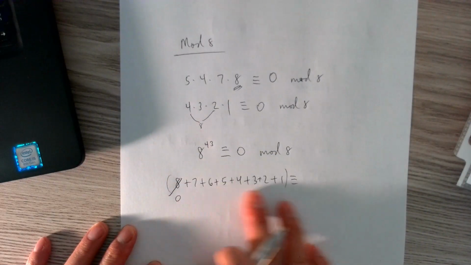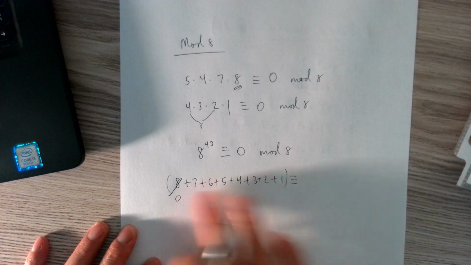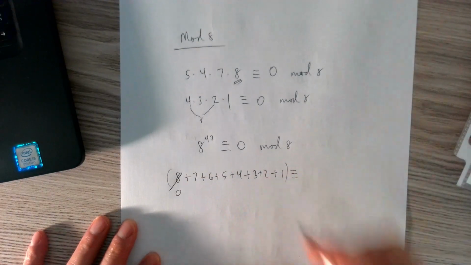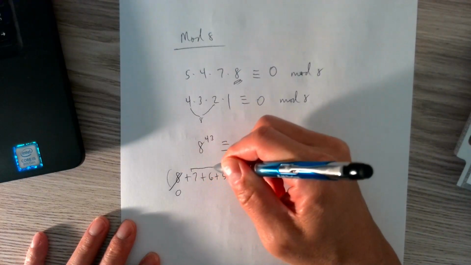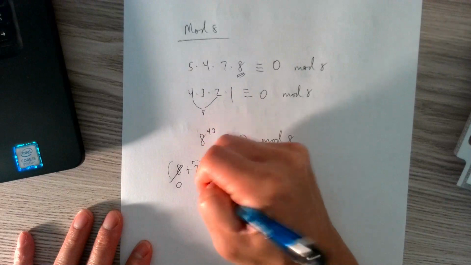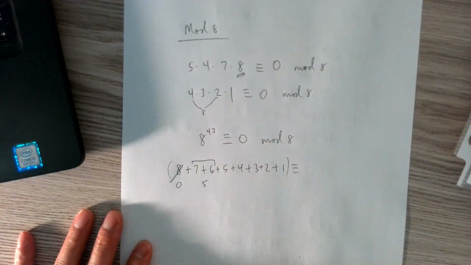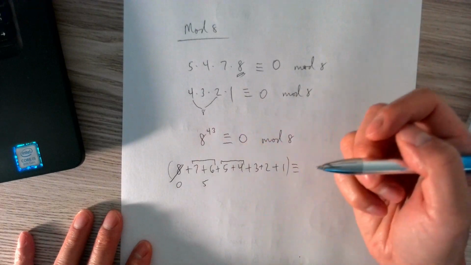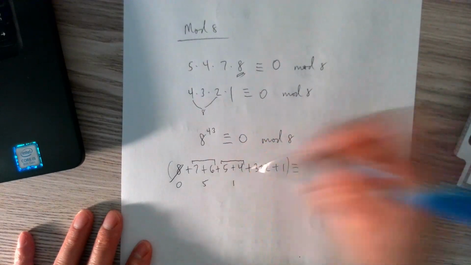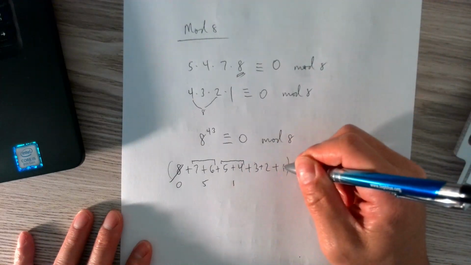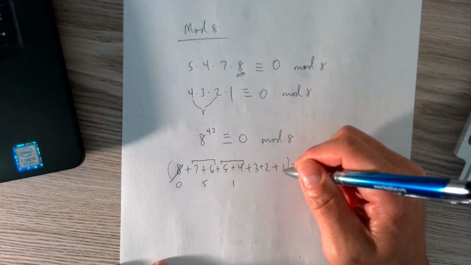Now these numbers are all less than 8, so I can't convert any of these. Or can I? I can say that this is 13, therefore this is 5 in mod 8. I can say that this is 9, so that's 1 in mod 8. 3 plus 2 plus 1 is only 6, so I can't really do anything with that.